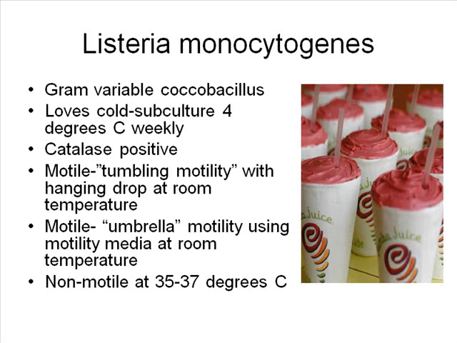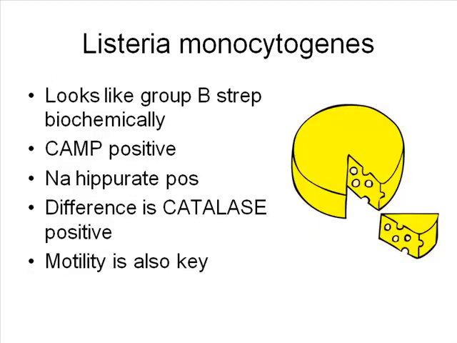Also, look at the one characteristic that separates this baby from group B strep, and that is the catalase test. Many of the biochemical tests that are positive for group B strep are also positive for Listeria, with the exception of the catalase test.